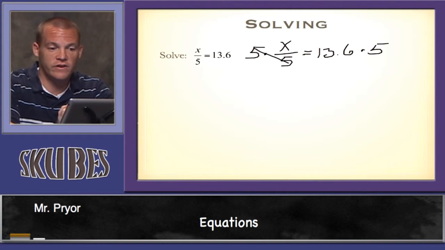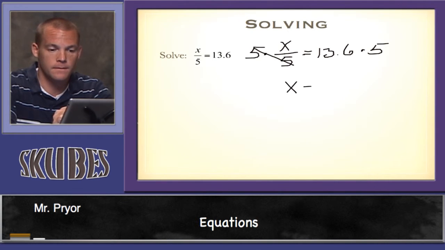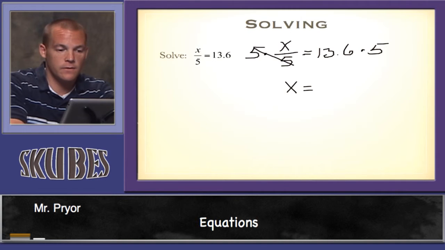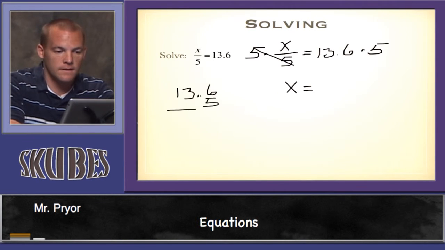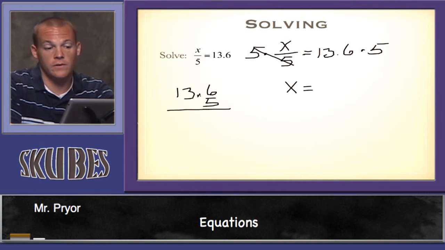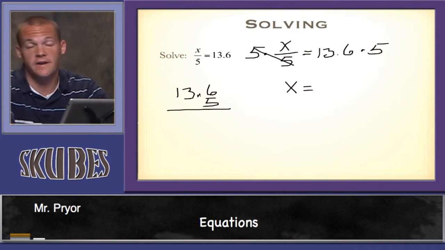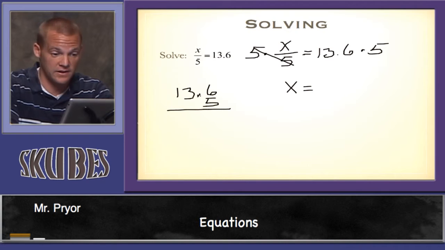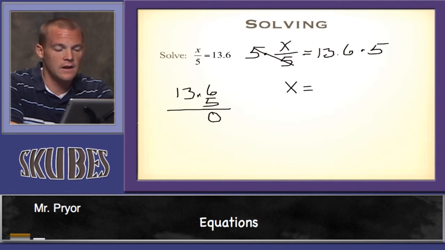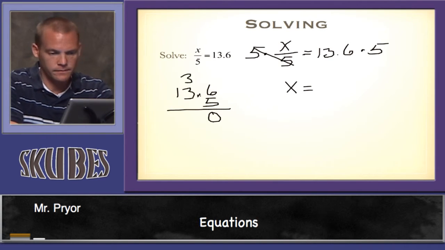which again eliminates your denominator, cancels that out to 1x, which is what we wanted. Okay, and off to the side, we're going to do a little multiplication. 13.6 times 5. All right, so again, if you've forgotten how to multiply decimals, you just multiply the numbers together at first. So 5 times 6 is 30.